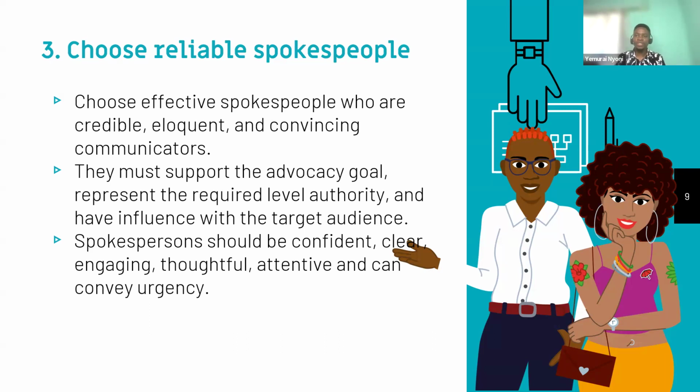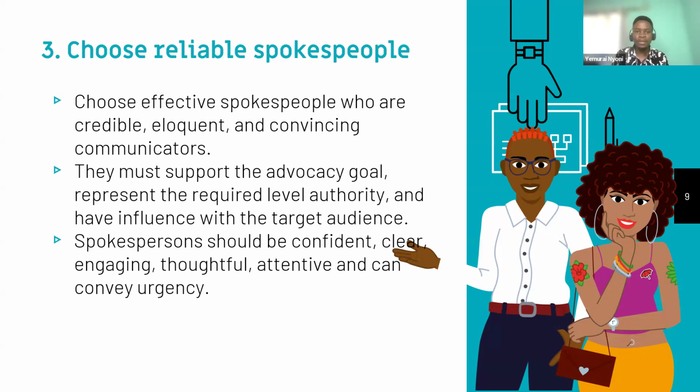So some of these messengers can be part of your secondary audience. We said the secondary audience are people that can influence the primary audience. So you identify actors. Normally we have allies in the CSO space, in the UN space. We have members of parliament that already support the issue. We have traditional leaders who are already activists, supporting the issue.